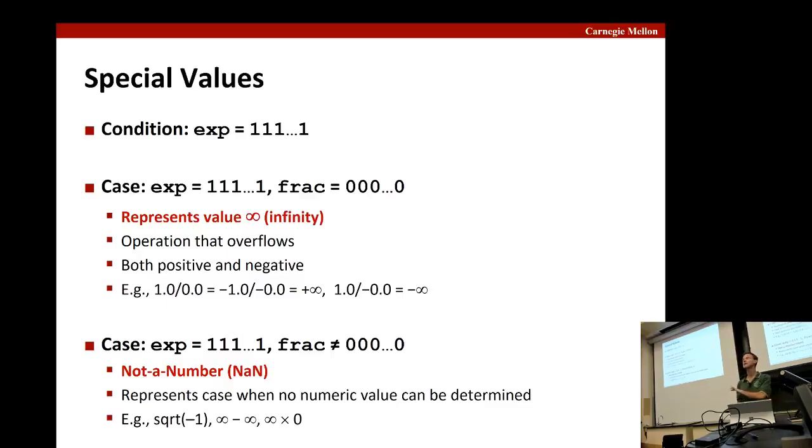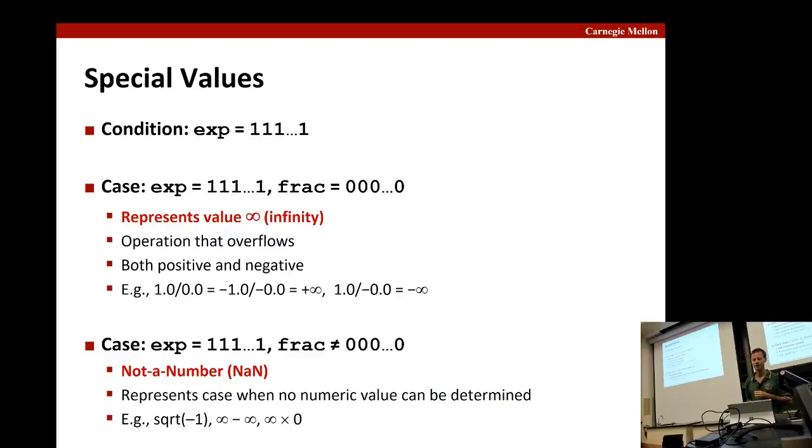Now when the exponent bits are at the other extreme, when they're all 1, we interpret that differently as well. If the fractional part is all zeros, that represents infinity if the sign bit is 0, and negative infinity if the sign bit is 1. So this represents two overflow cases.